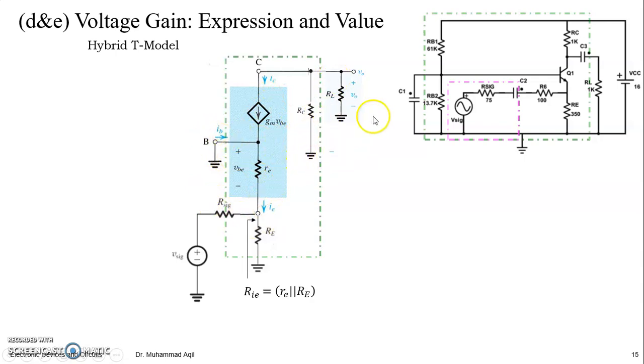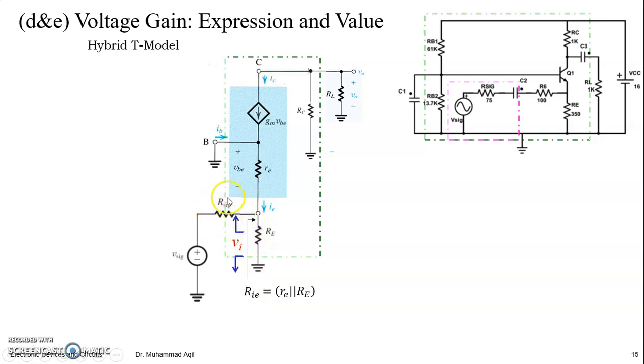When you are working with this, this current is going down through this one, and if you know this current, you can find the voltages. This is what this model is, right? How about the voltage at the input? Part of V signal will be appearing at this terminal, right?